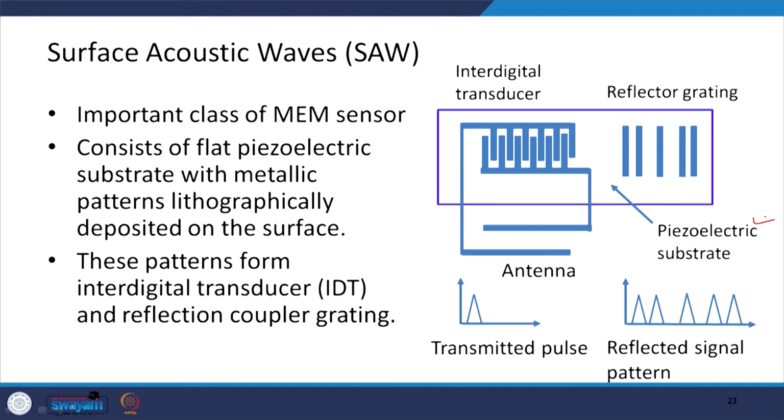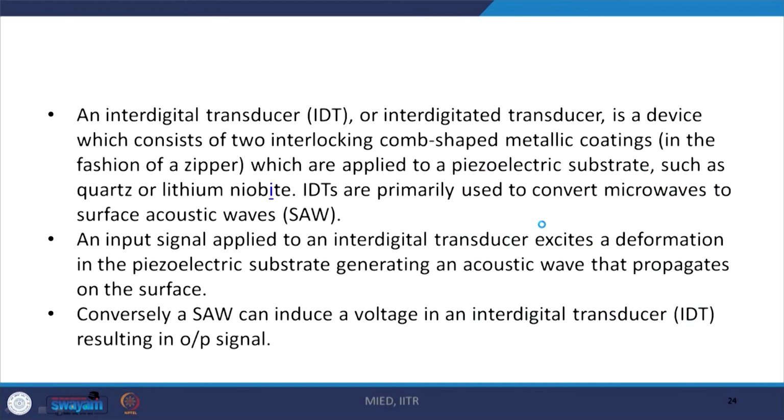These patterns form the interdigital transducers and reflection coupling grating. So, this is the interdigital transducer and this is the reflector grating, and there is an antenna. These antennas receive and transmit the signals, and we will be seeing the use of the SAW in these types of sensors.